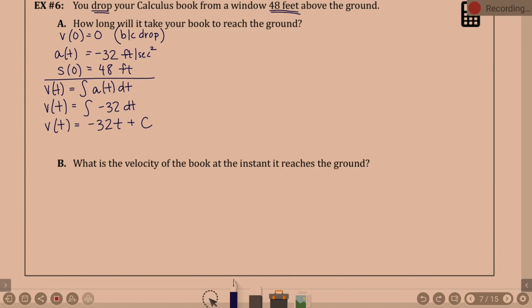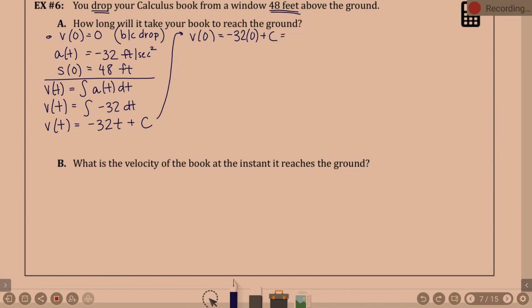Well, how do we figure out C? Do your initial conditions. Oh, wait a minute, we're not to a position function yet. Right here, if you go with what we know, V of 0 is 0. When you plug 0 in, negative 32 times 0 plus c, V of 0 equals 0.